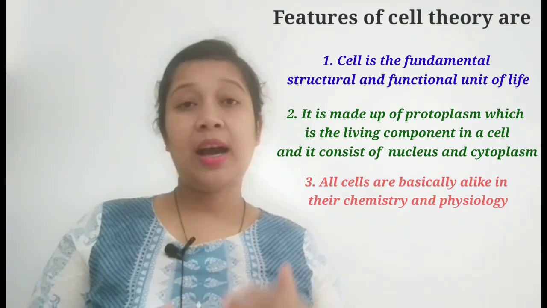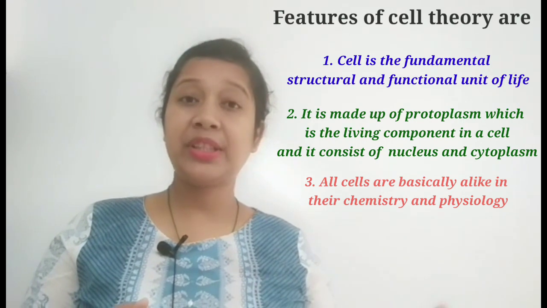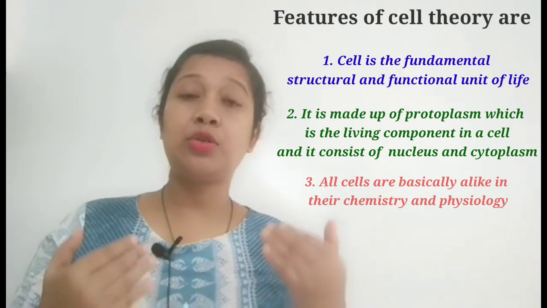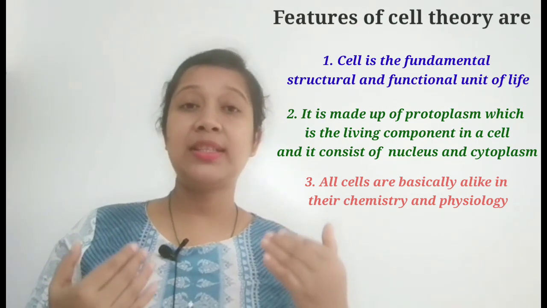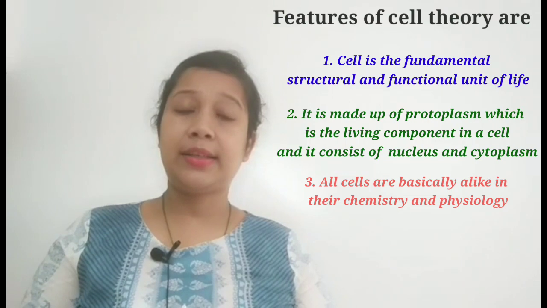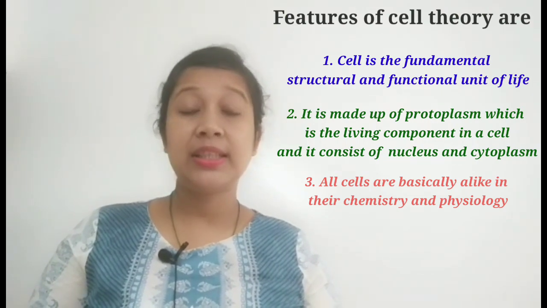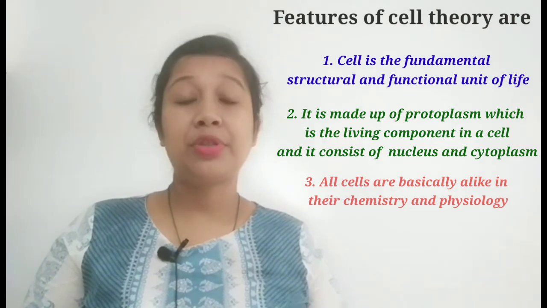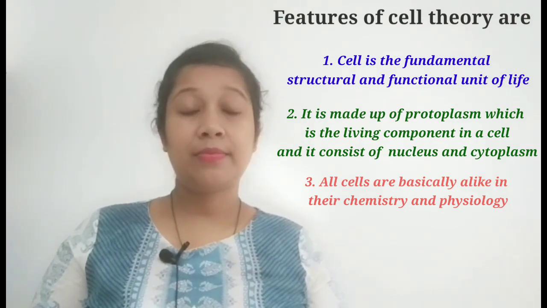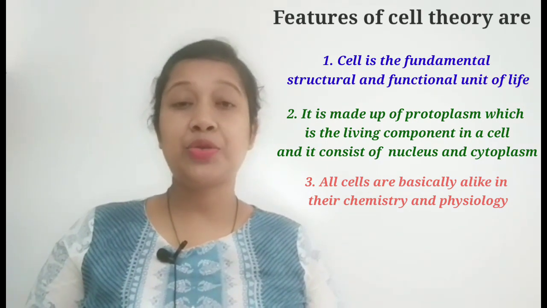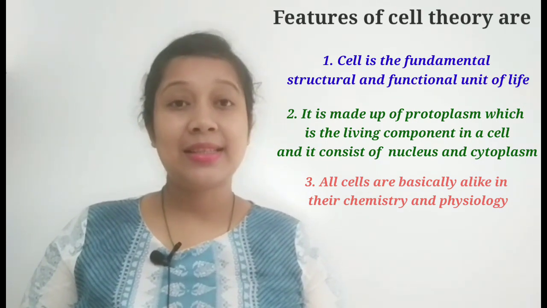As I have said earlier also, the cell in a bacterium will perform, and for us also the cell will perform, in a similar way. So all cells are alike, but the difference lies in their functions. Otherwise, all cells have the same basic structure.